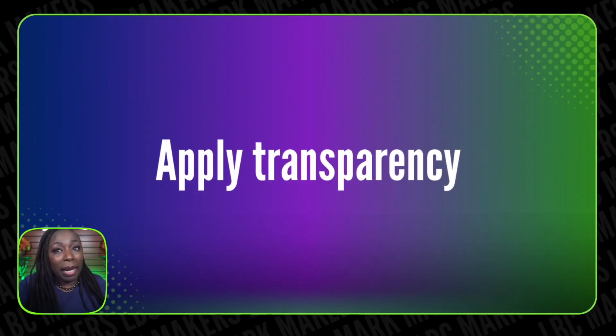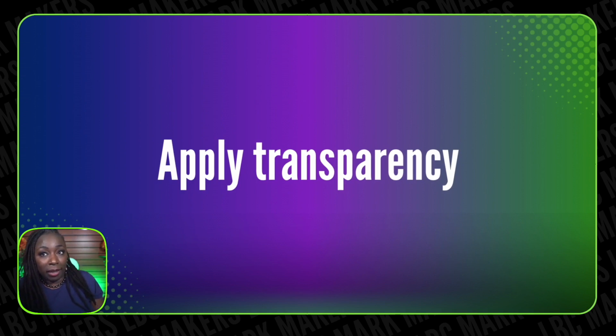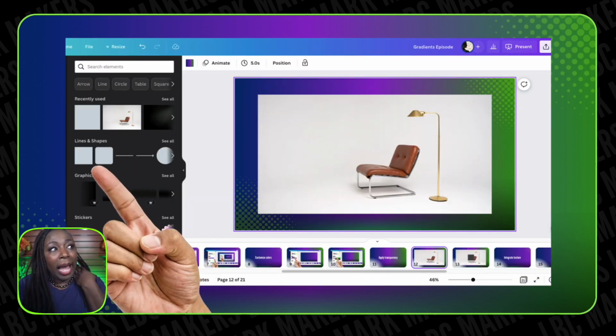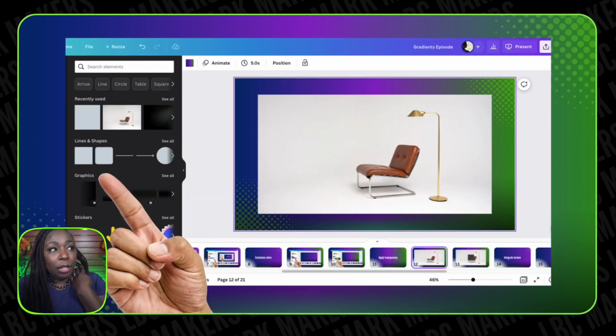Another thing that you can do is apply a transparency to your gradient to create a more subtle effect. The way you do that, let's say, for instance, you wanted to add a transparency to a photo. So here on this particular design, I put a picture on the canvas, and now I want to add a gradient that is transparent to give a wash of color to this.